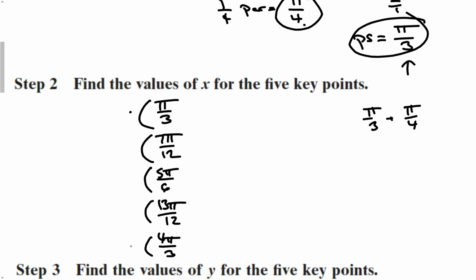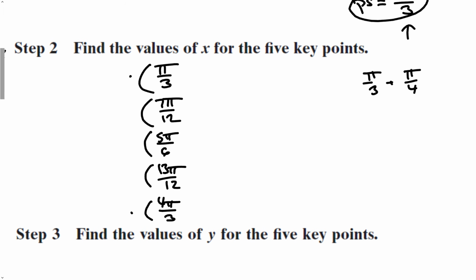The distance from the start to the finish should be 1 period. Pi over 3 to 4 pi over 3 is pi. Okay, 1 period.